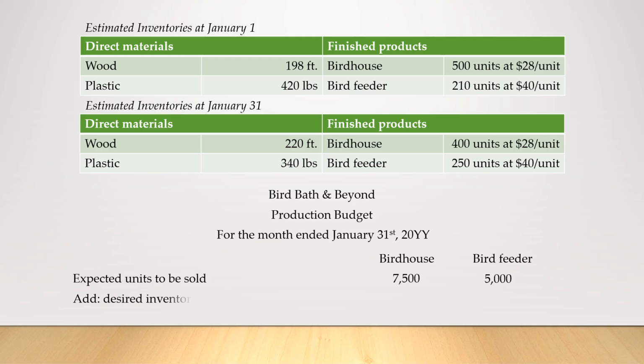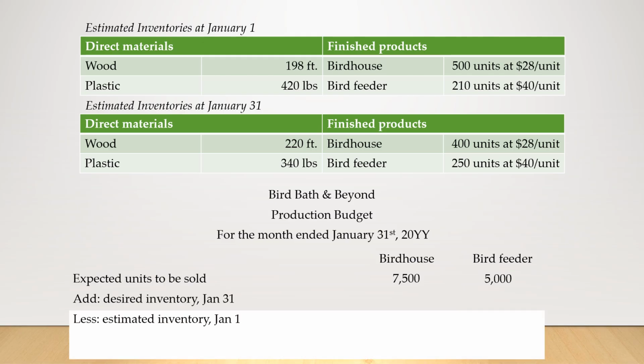Add desired ending inventory for January 31st and deduct the estimated beginning inventory as of January 1st, and the result is total units to be produced. Our ending inventory can be found in the second table above, 400 birdhouses and 250 feeders.